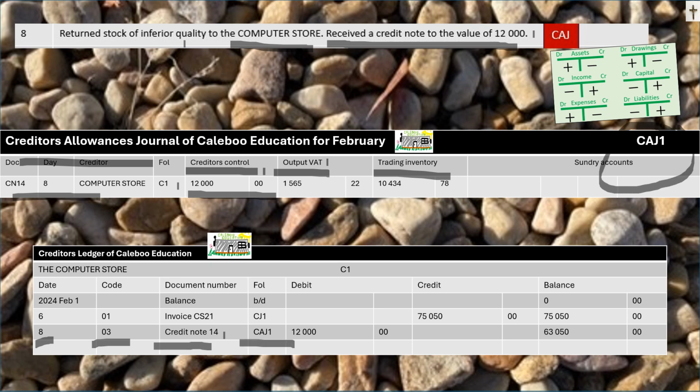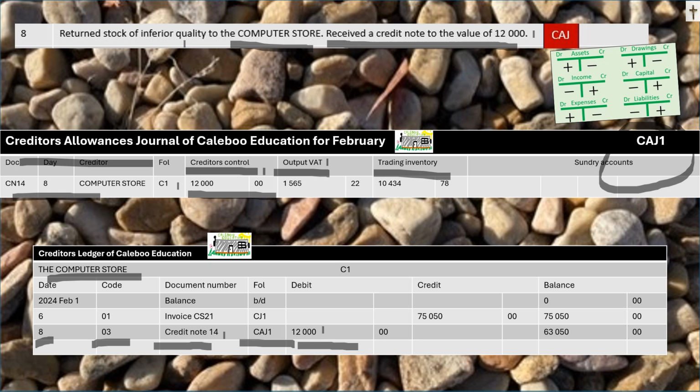In a specific journal, the creditors' allowance journal. The account, the computer store account in our books, was debited with the full amount, including the VAT, 12,000. It was debited because of this rule.